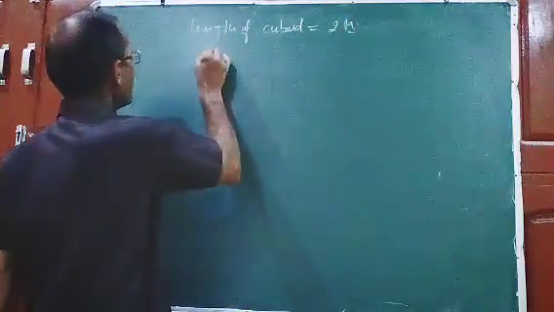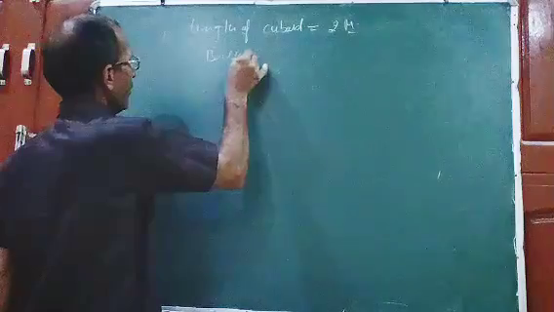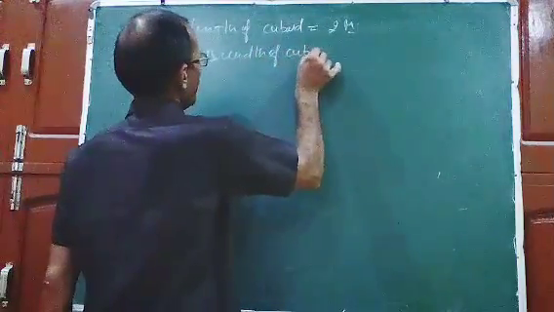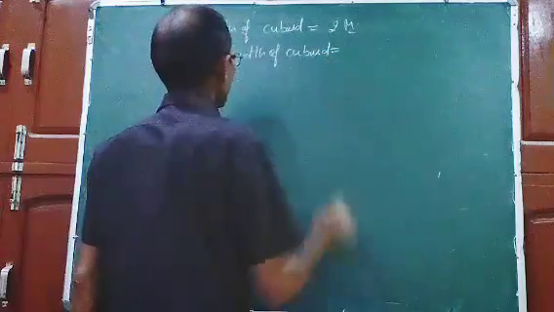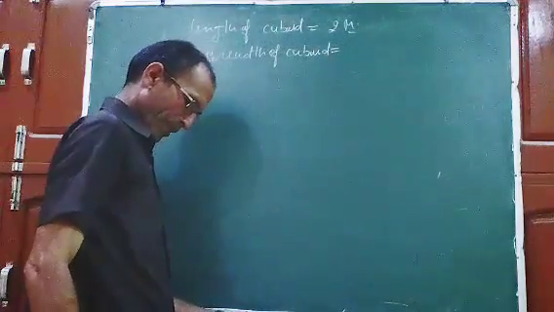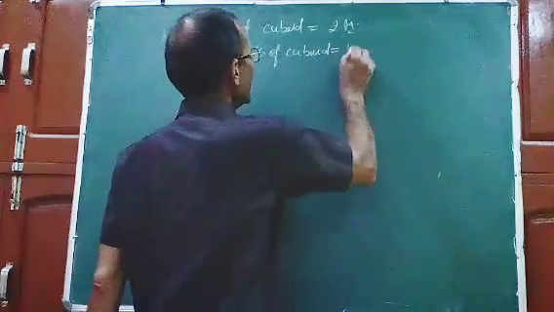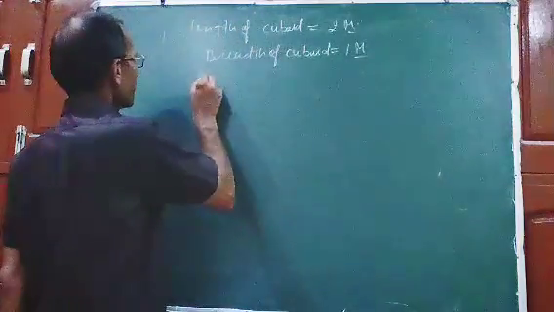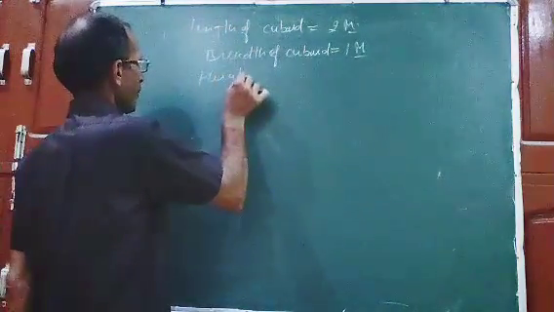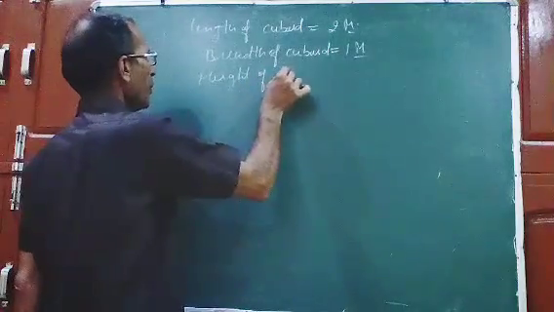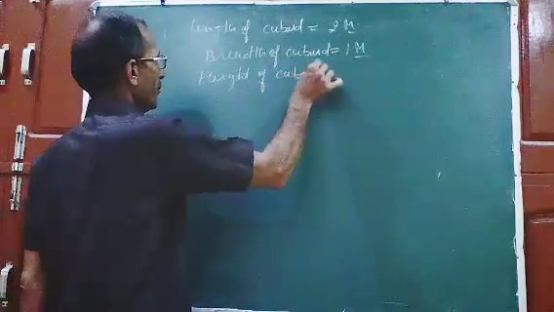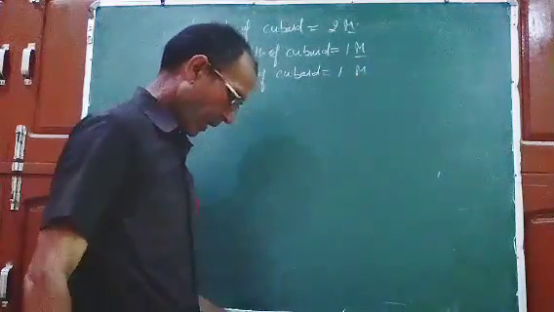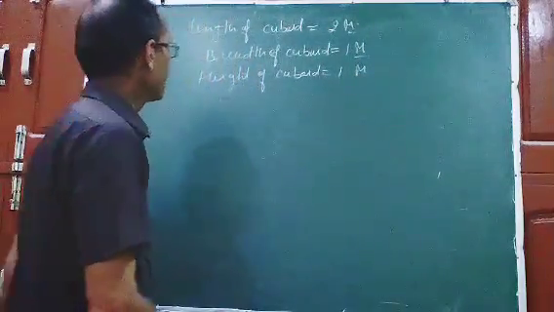Breadth of cuboid is 1 meter. Height of cuboid is 1 meter.